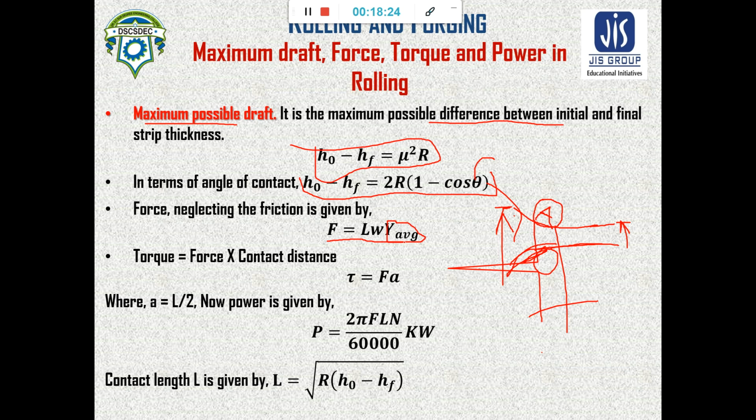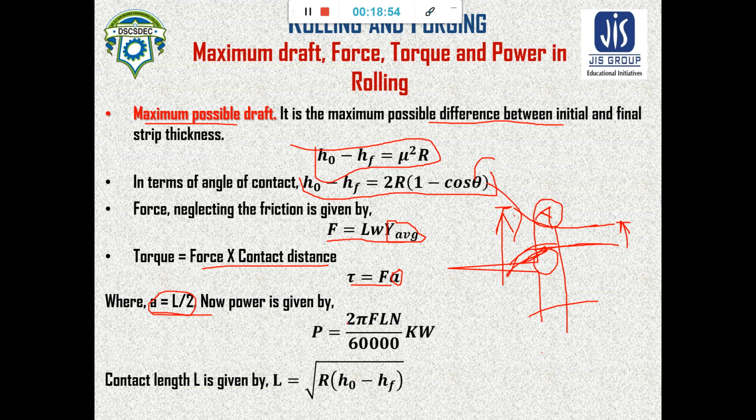And now, as we know the force, we can know the torque, and that torque is given by force cross contact distance, that is F cross a, where a is taken as half of the contact length, that is L by 2.